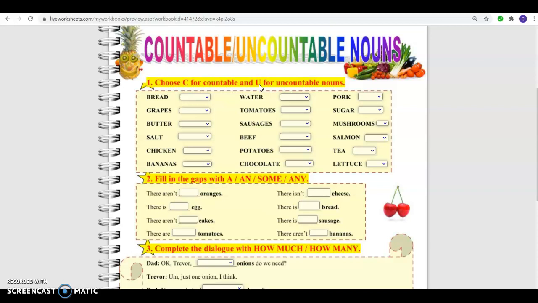Y los uncountable son palabras que no pueden tener forma plural. A la palabra no le puedo adicionar S, no le puedo adicionar ES, o no puede ser irregular, como por ejemplo child es niño y su plural es children. Entonces la palabra child sí tiene plural, que es children.